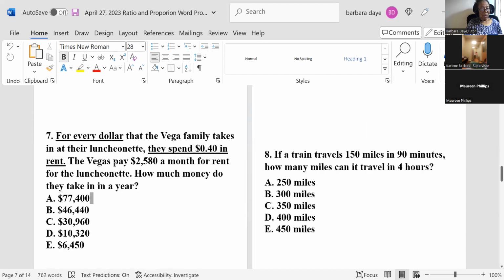Okay, so if they pay 2,580 a month for rent, you're looking for how much money do they take in a year?